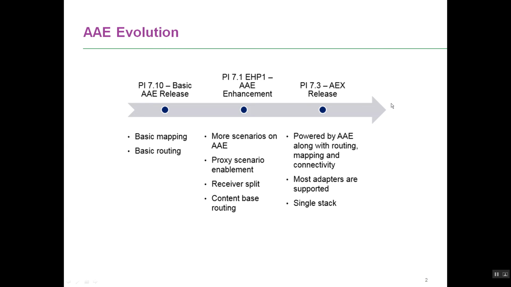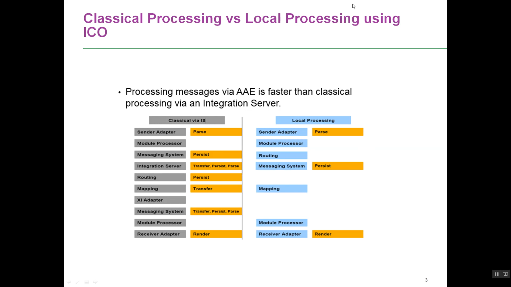But from PI 7.31 onwards, all the functionalities of PI that were available on a dual stack were available on a single stack, except for one functionality, which is CC/BPM. And remember, CC/BPM is now replaced with NetWeaver BPM in a product called Process Orchestration. All right. So with that, let's move on to the next slide.